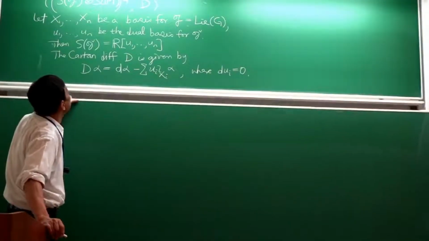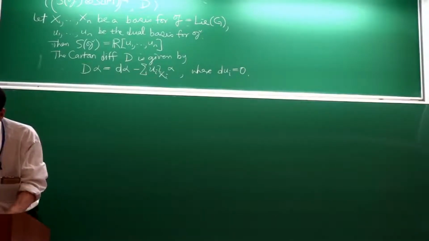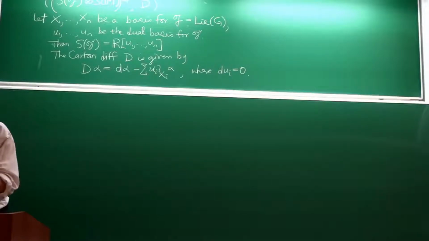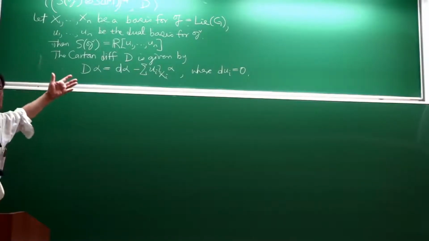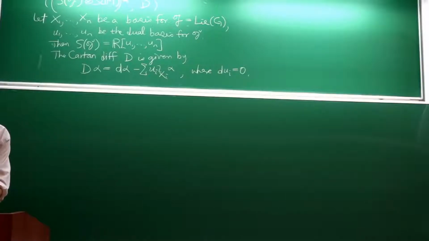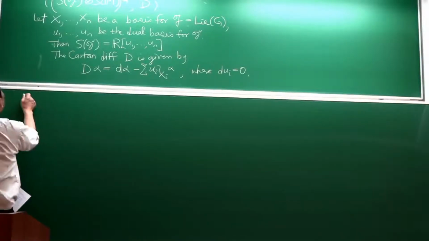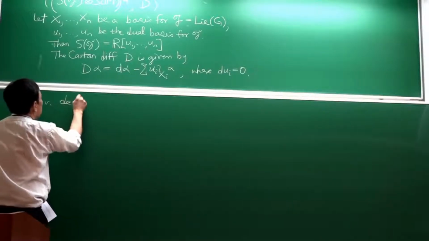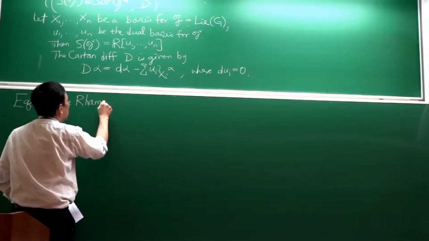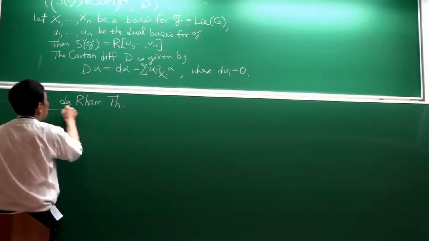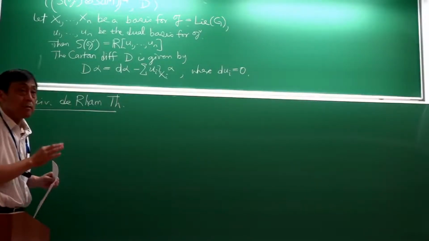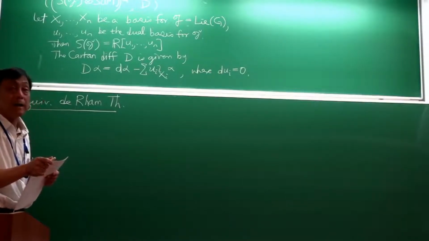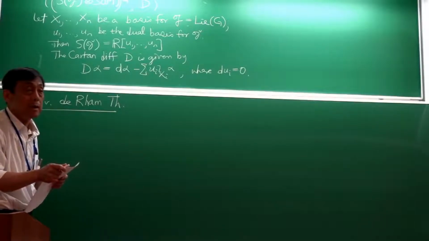And the Equivariant Cartan theorem says that the Cartan model computes equivariant cohomology. Right? And here we do need the hypothesis that G is a compact Lie group.